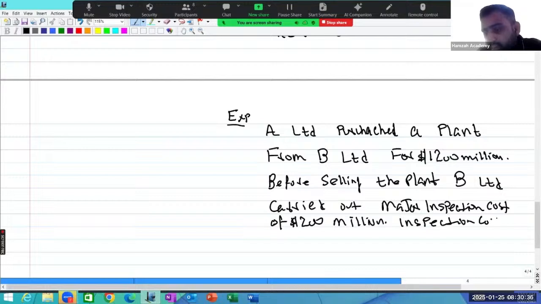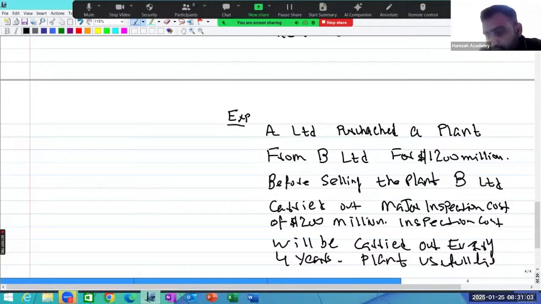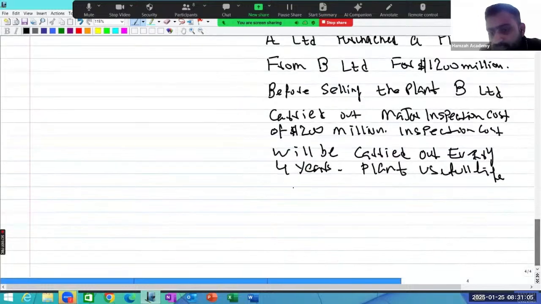Inspection cost will be carried out every 4 years. Plant useful life is 20 years.